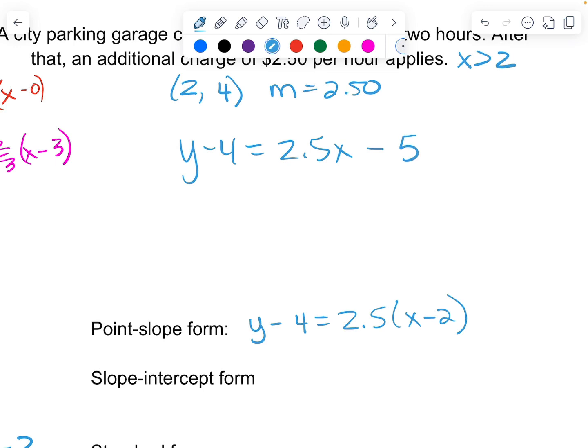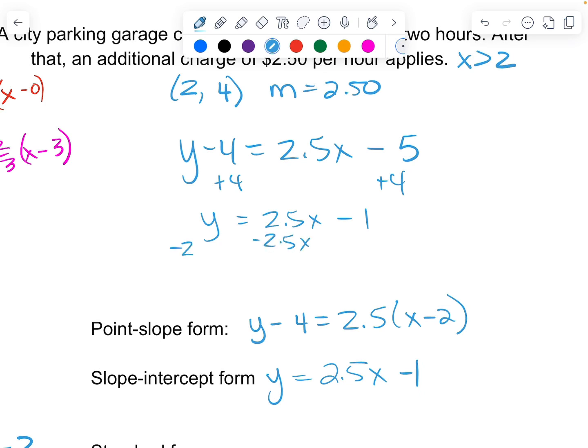Okay, if I add 4 to both sides, I would get y equals 2.5x minus 1. Okay. And then I would subtract 2.5x. So negative 2.5x plus y equals negative 1.